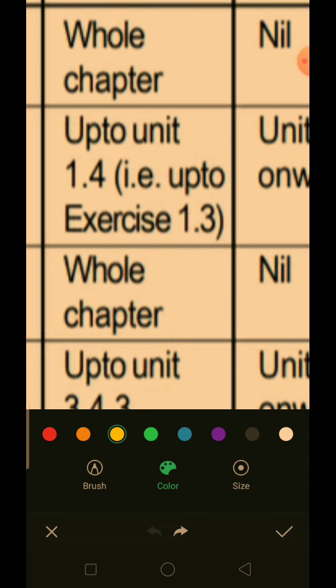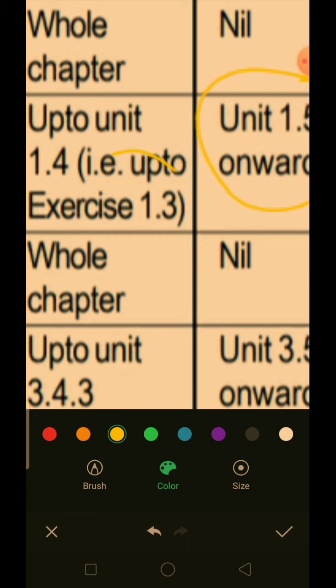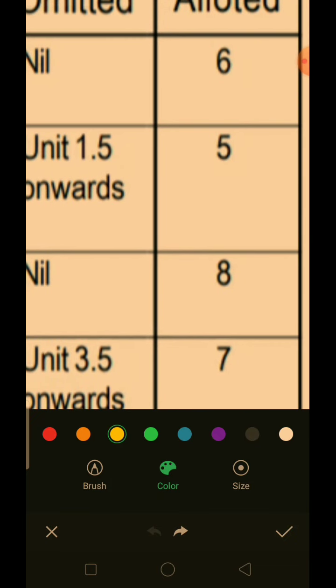Unit 1.5 onwards you need to exclude, and any exercise beyond 1.3 you need not study. Your mark weightage would be 5 marks.